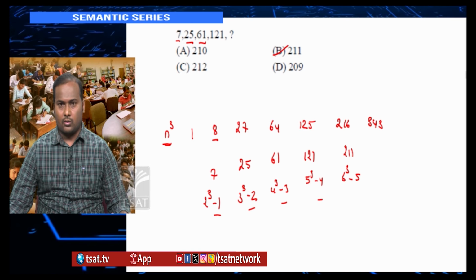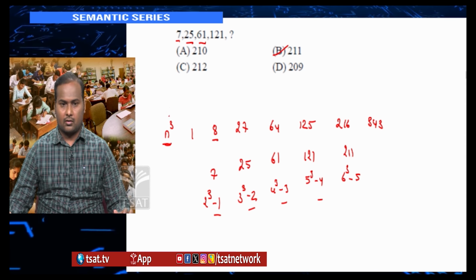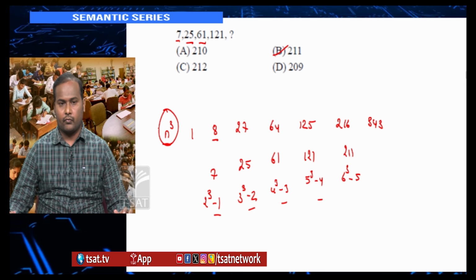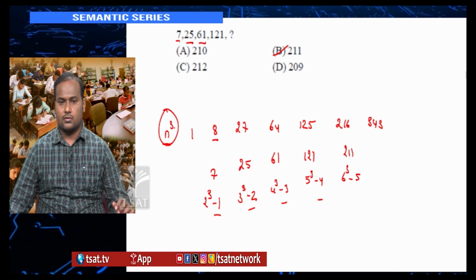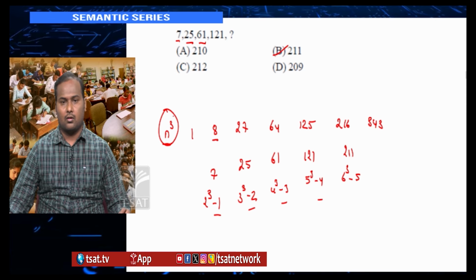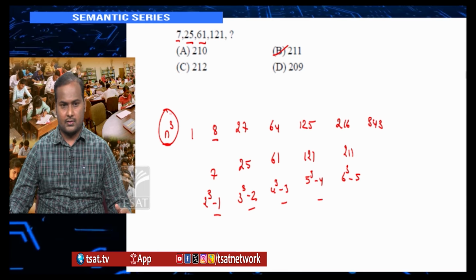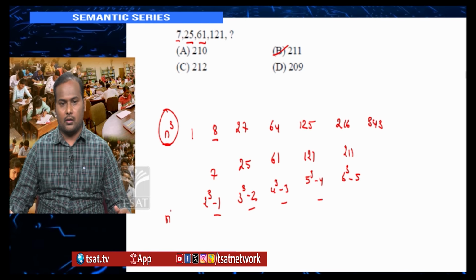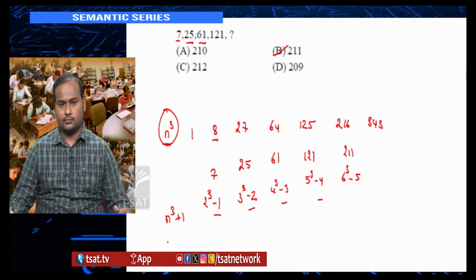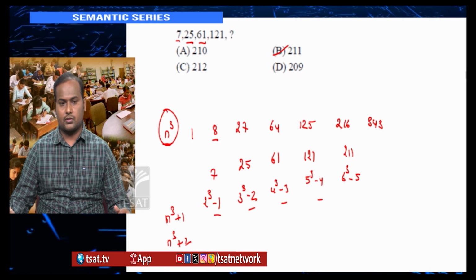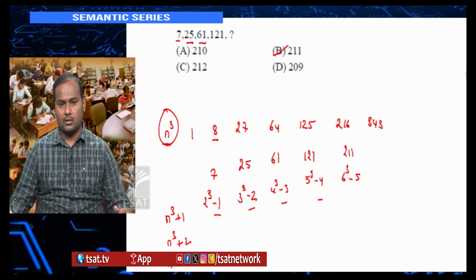So, what you need to remember here is the format of n cube is very important. In the format of n cube, you also have to remember all the values near to the n cube as well. For example, n cube plus 1, n cube plus 2 and n cube plus 3.